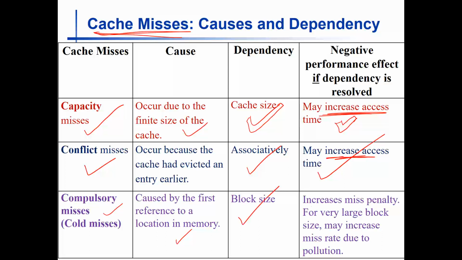Unfortunately, increasing the block size increases miss penalty, as we have seen before, because you have to have time to move those bytes from the lower level of the memory to the higher level, for example, from memory to the cache. At large block size, you then start to see miss rate increase due to pollution. Basically, when you modify those blocks.